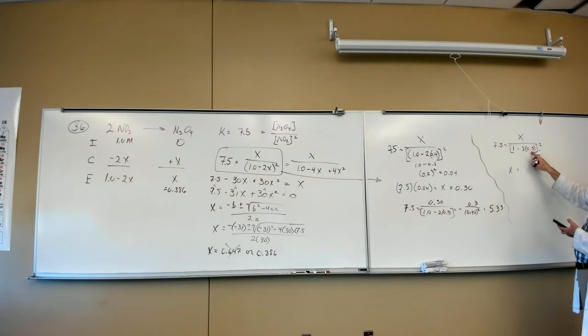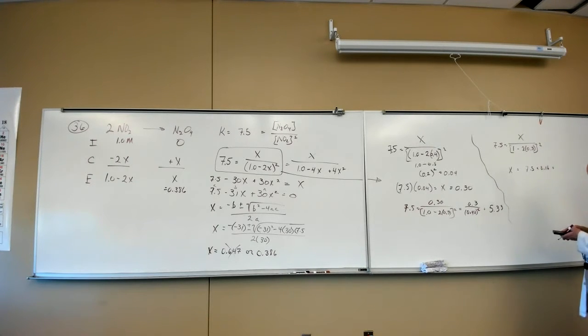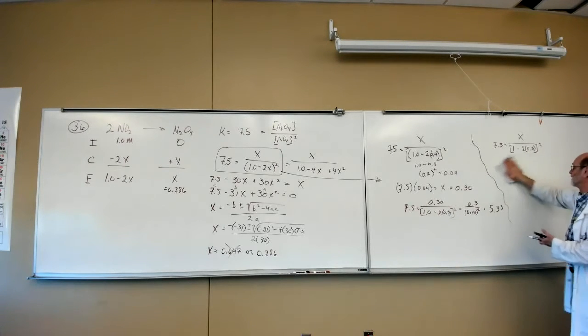Let's see, 2.6, 0.4 squared is 0.16. So it's 7.5 times 0.16, which is 1.2. So that's not even working. All right, iteration's not working. I don't know why.